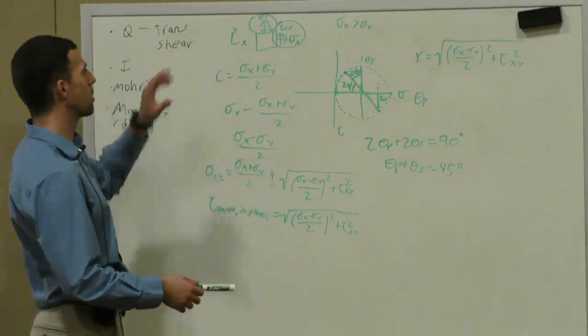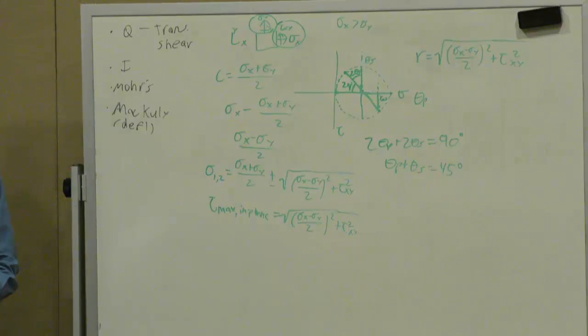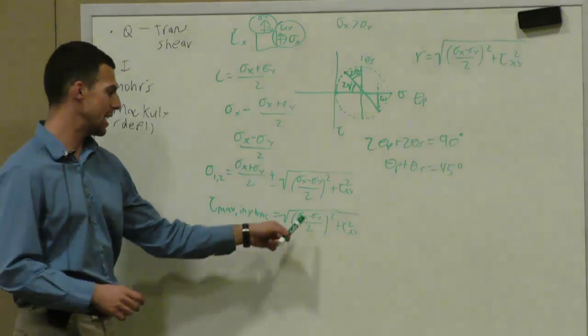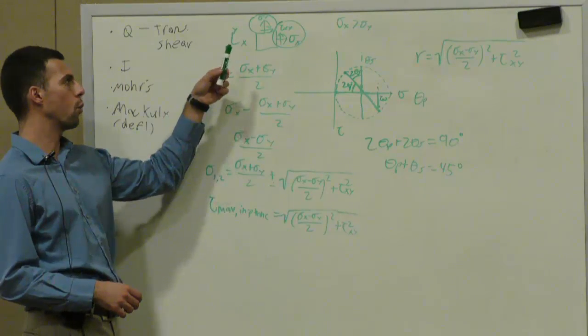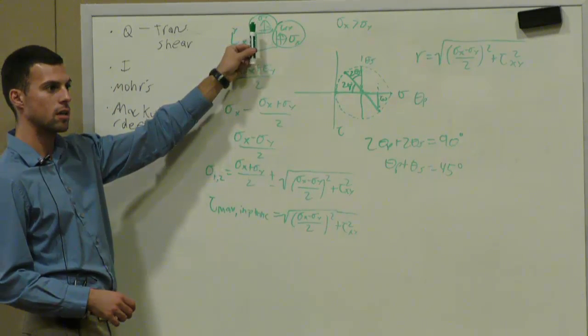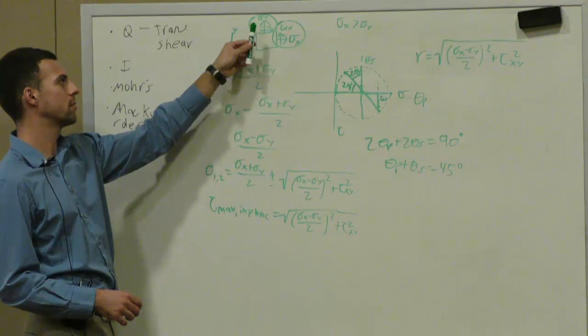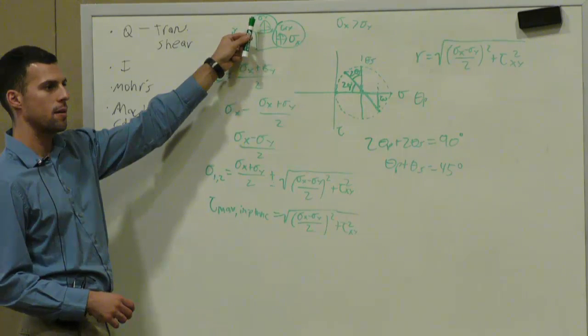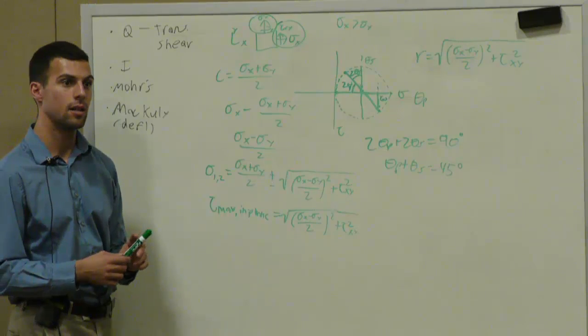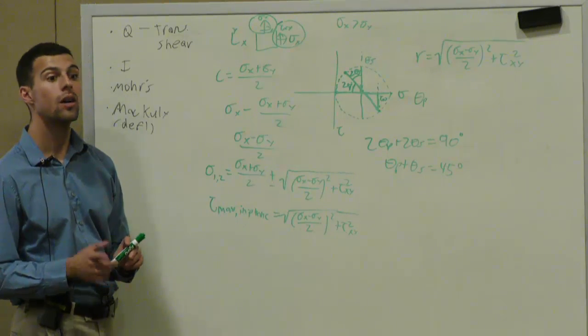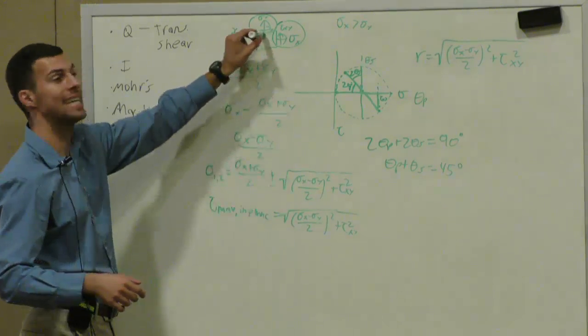So remember that we are dealing with planar stress conditions. So this is the tau max rotating which way? And I don't mean counter. In other words, how have we been rotating this element? Right, about this z-axis.